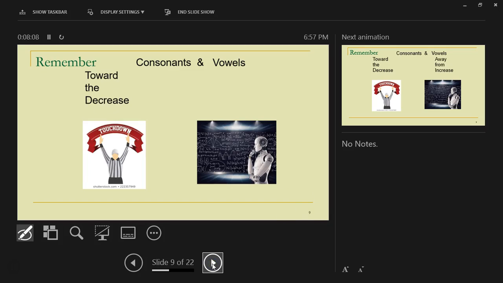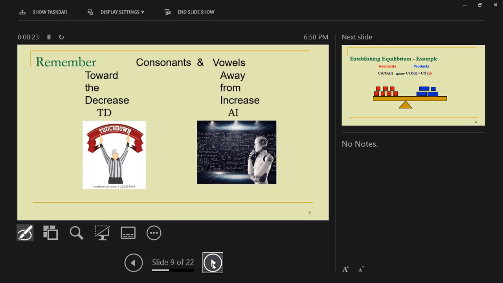So the consonants go together toward the decrease, TD, toward decrease. And then the other two are vowels away from the increase, AI. So I say touchdown, artificial intelligence. Those are my two letters that go together, TD and AI. And that way I can always remember what is going to bring your balance back to equilibrium.